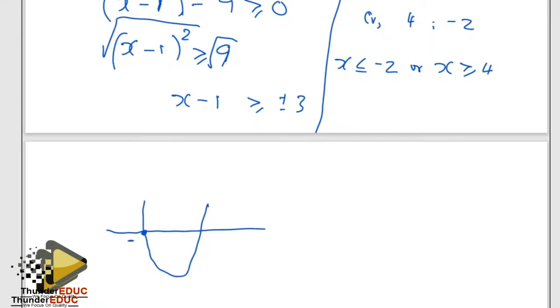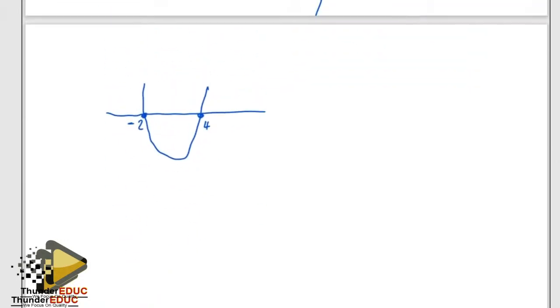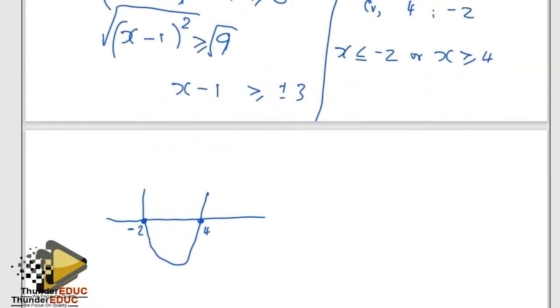This is negative 2, and this is our 4. They're asking us for values that are greater, so we can shade this section and that section, because that is the region of interest. Or you can alternatively use your number line. That's going to be negative 2, this is going to be 4, and then you just indicate with the arrows in that sort of direction.